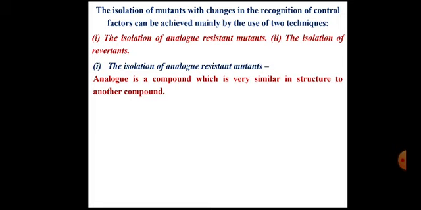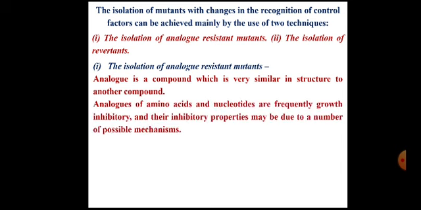Then there is a lysine analog called AEC. This lysine analog is structurally similar to lysine, but the only thing is that these analogs are toxic for the cell. That means the organisms will die in the presence of these analogs. So that is the difference.